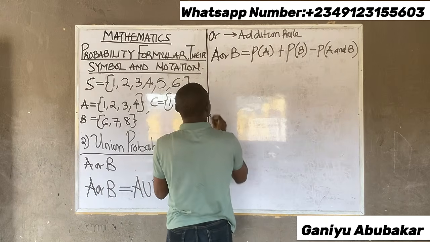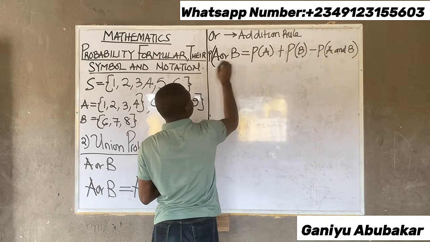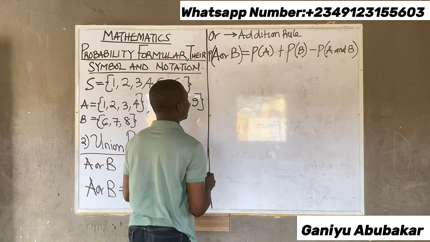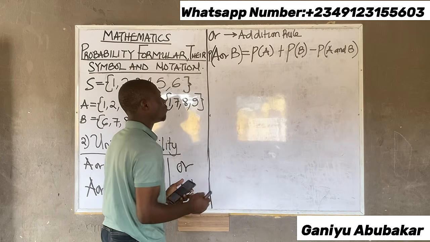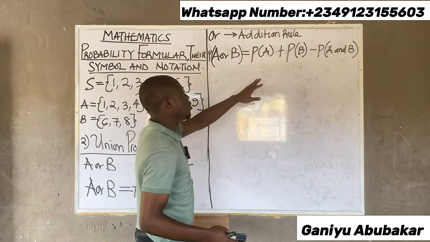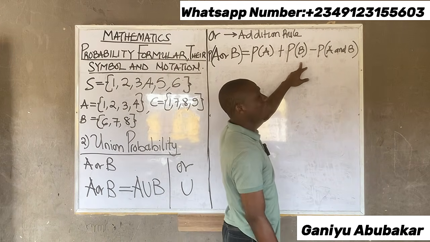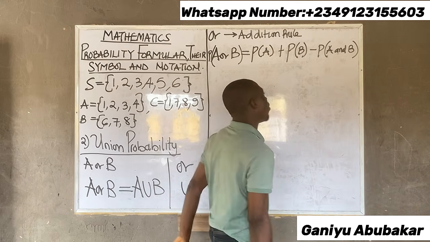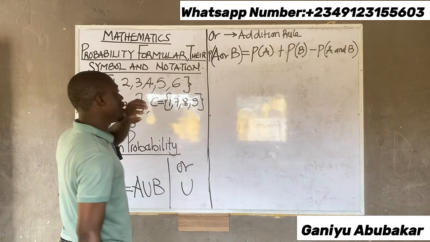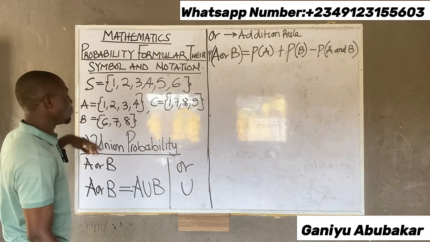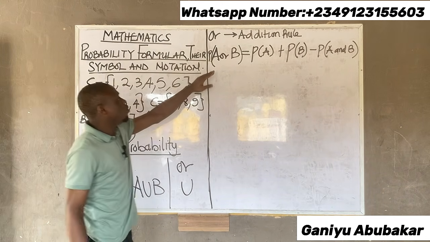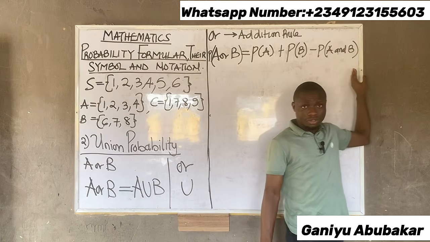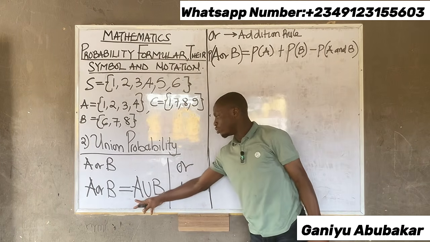The probability that event A or B will occur is equal to the probability of event A occurring plus the probability of event B occurring minus the probability of event A and B occurring. Are we good, guys? I will use the formula to solve a question, and I'll use the normal A union B to solve the same question.